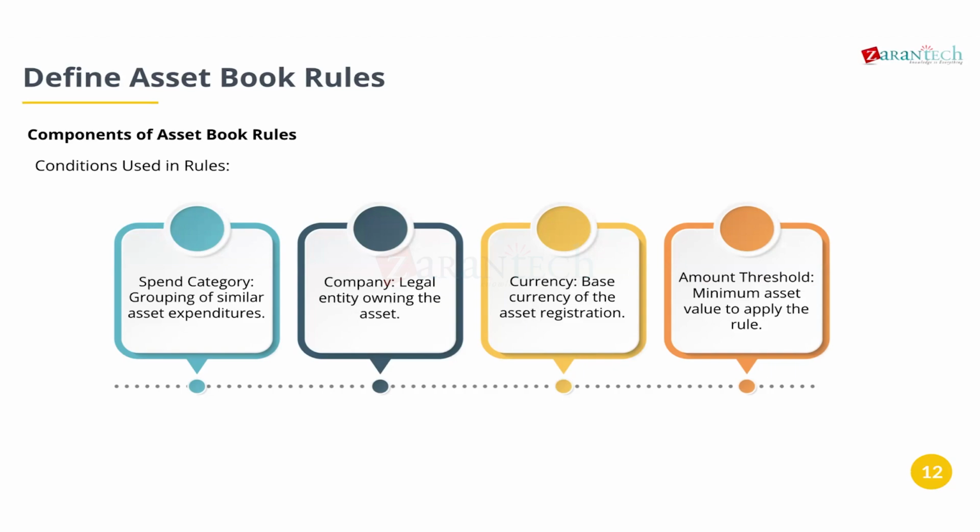One is spend category, because a spend category will hit our ledger account, and then accounting would be created. The company, because we are doing the entire thing for a legal entity, the base currency, and then the threshold. And the threshold will be taken care of from the fixed asset register FAR rules.